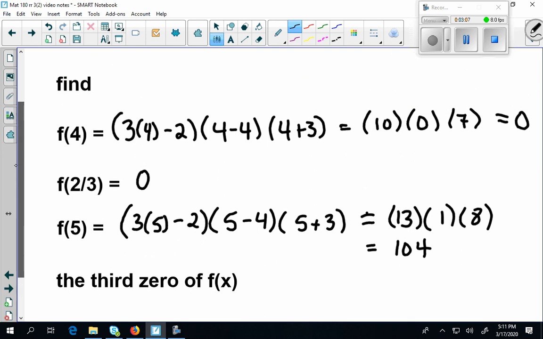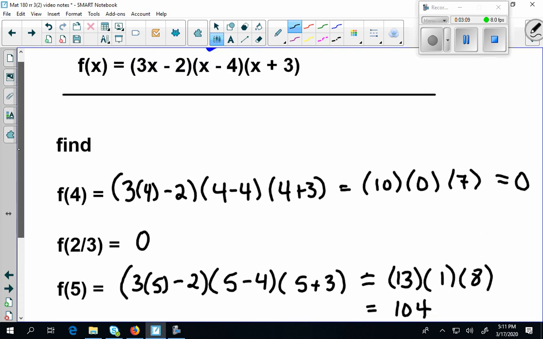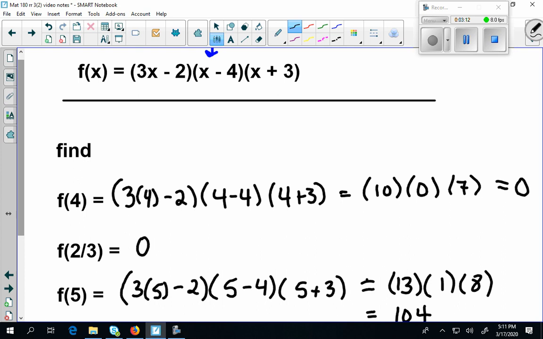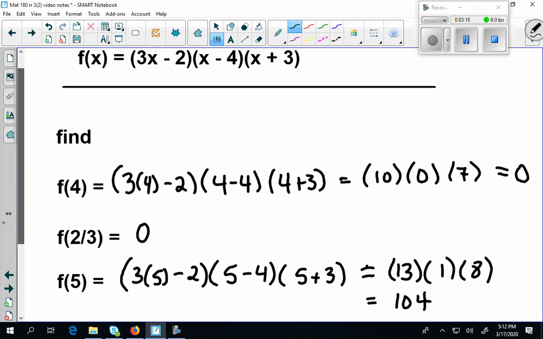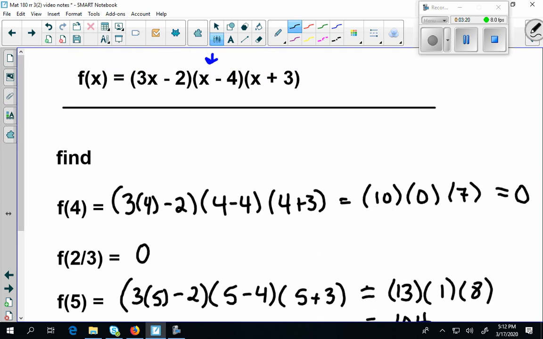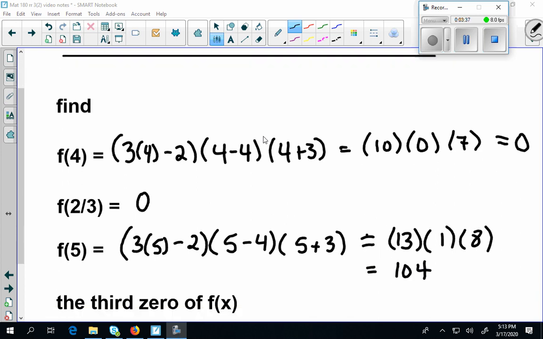I know that 4 is a zero of this function, and I know that 2/3 is a zero, but I don't know what the third zero is. I know it has 3 zeros because it has 3 factors. The only factor we haven't seen go to 0 is x plus 3.